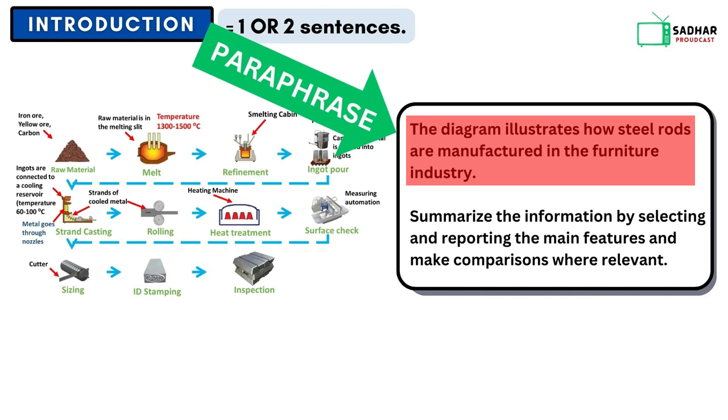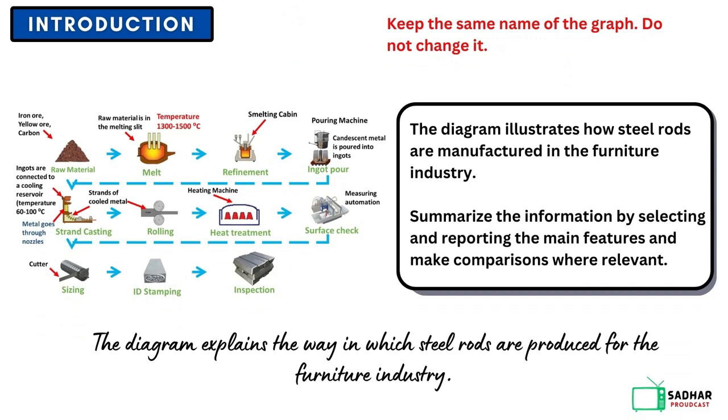Let's paraphrase this sentence. Number 1, keep the same name of the graph and do not change it. So here we have the diagram in the question, and also in our paragraph we also write the diagram, and do not change it.